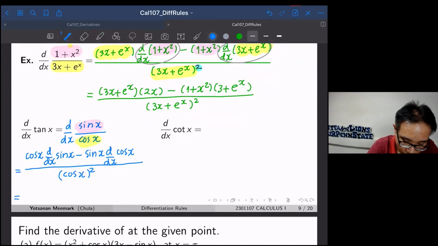So what we get is going to be cos x. Okay, diff sine you also get cos x.